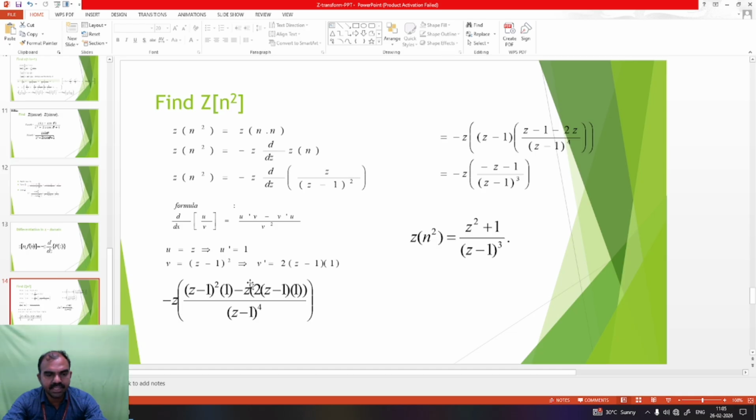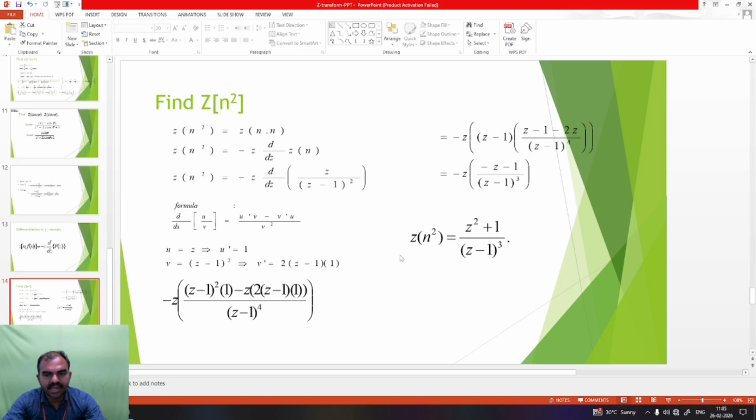So minus z times u dash v, right? u dash value is 1. What is the v value? z minus 1 the whole square. Then the formula minus v dash u. So the u value is z and the v dash value is 2 into z minus 1, divided by v square. So z minus 1 the whole square squared, so power 4.